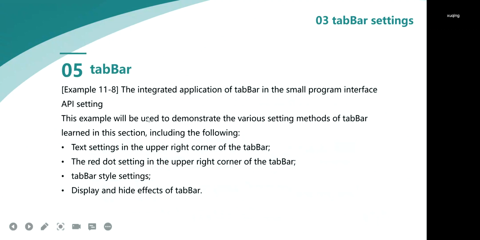This example will be used to demonstrate the various setting methods of the Tabbar learned in this section, and it includes these things. Check the settings in the upper right corner of the Tabbar. We have the red dot setting in the upper right corner of the Tabbar. Tabbar style settings. And how to display and hide the effects of Tabbar.